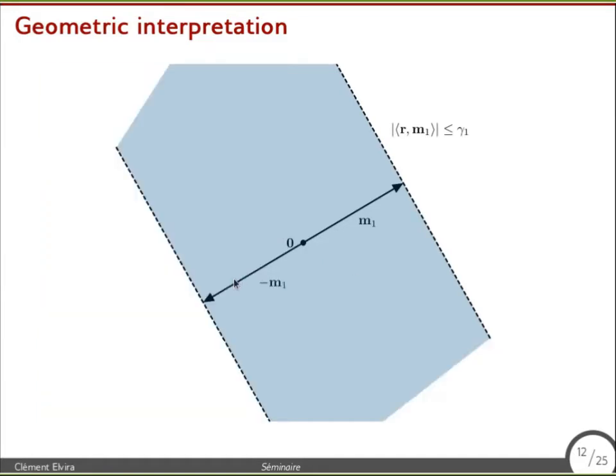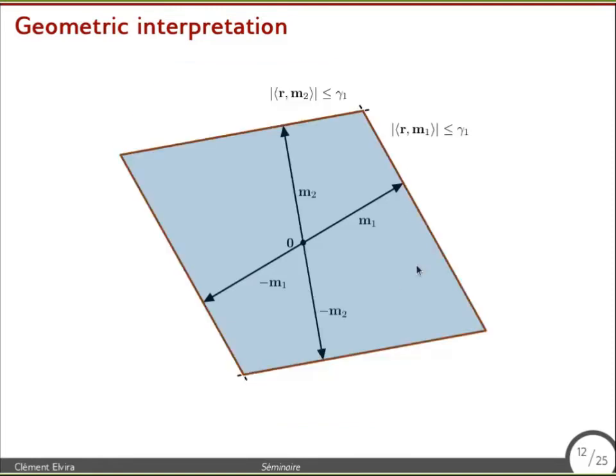Then I can do the same with the opposite of M, so the opposite hyperplane, because there was an absolute value in the definition. To be feasible, the variable R needs to be in the intersection of the two hyperplanes. Now I can repeat this process for all columns, and I end up with some kind of polytope. It is represented in blue.